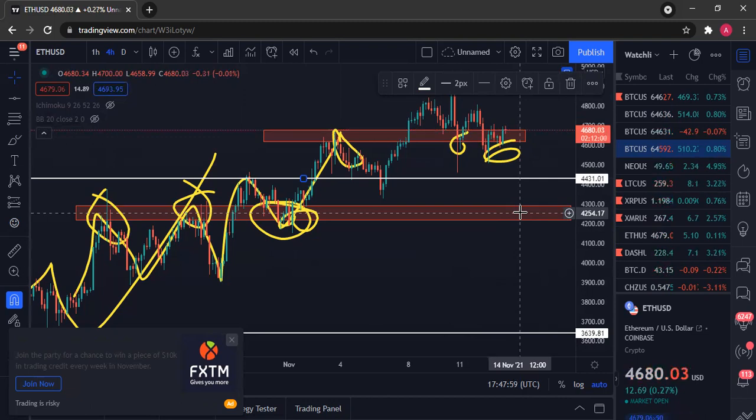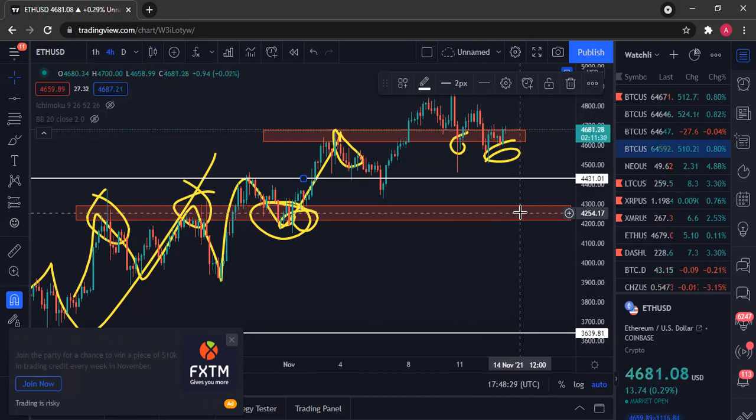But if the level has only been used once before, and the price is coming to that particular region again, you have to watch out for the candlestick formation around that region to know if it's going to hold or break. You can't just assume that it should bounce back from it. But once the particular level has been used in the previous period at least 2 times, 2 or more times, I can say that that particular level is a very strong level.